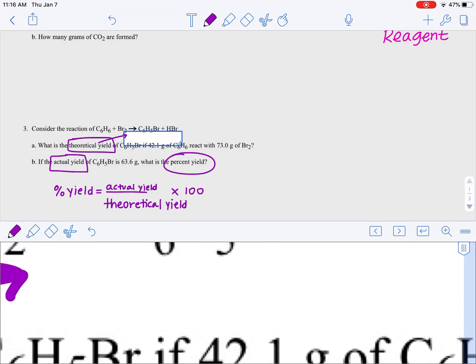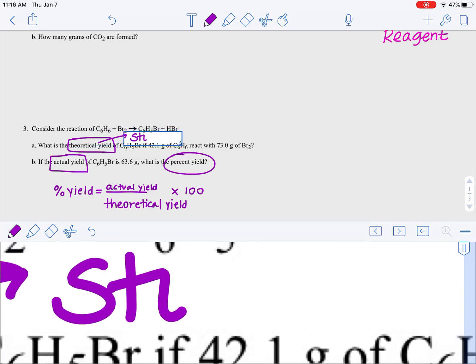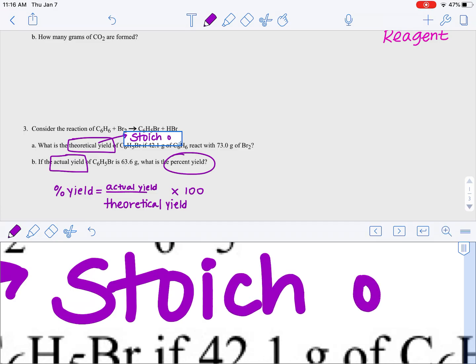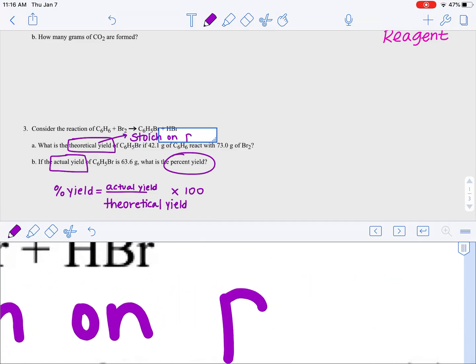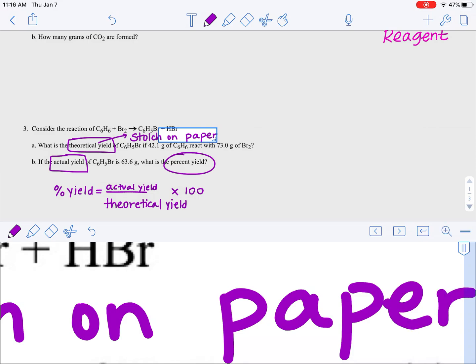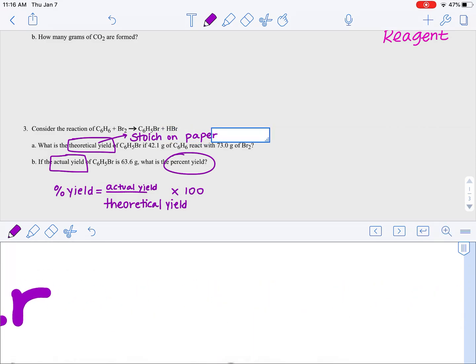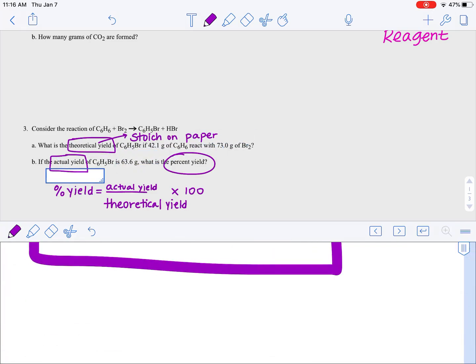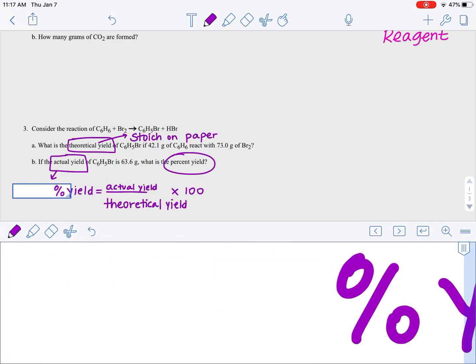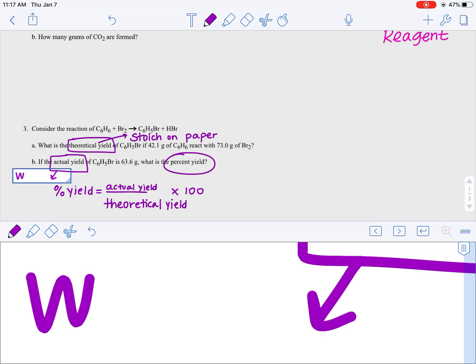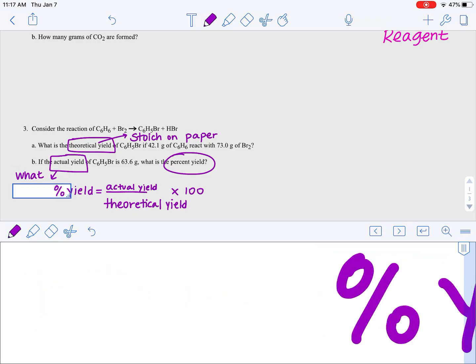The theoretical yield is the stoichiometry you'll do on paper. Because this is theoretically what we're supposed to get if everything in our universe works perfectly. The actual yield, though, is what happens in lab.